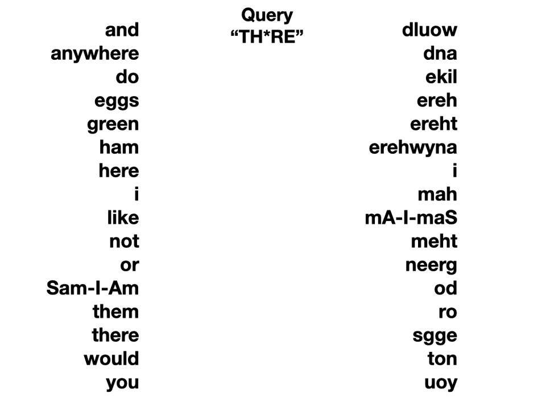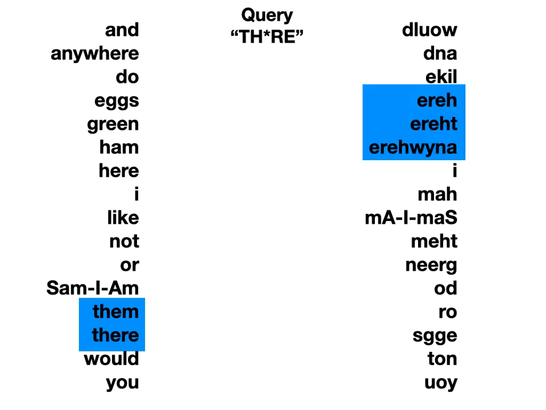So we look through the left side, the forward side, for TH. Them and their. All right, that's a good start. But now we need all the words that end in RE. So we reverse that: ER. Now we have all the words that end in RE, or in reverse ER, that begin that way.